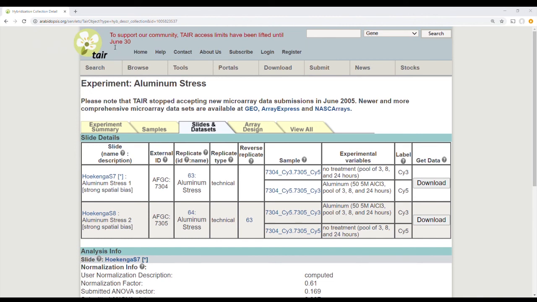This gene is expressed in my untreated, this is back to the aluminum treatment. It is expressed, and my fold change was 1.091. Okay, so whenever I go and I look at this gene, I can see that it is upregulated slightly.